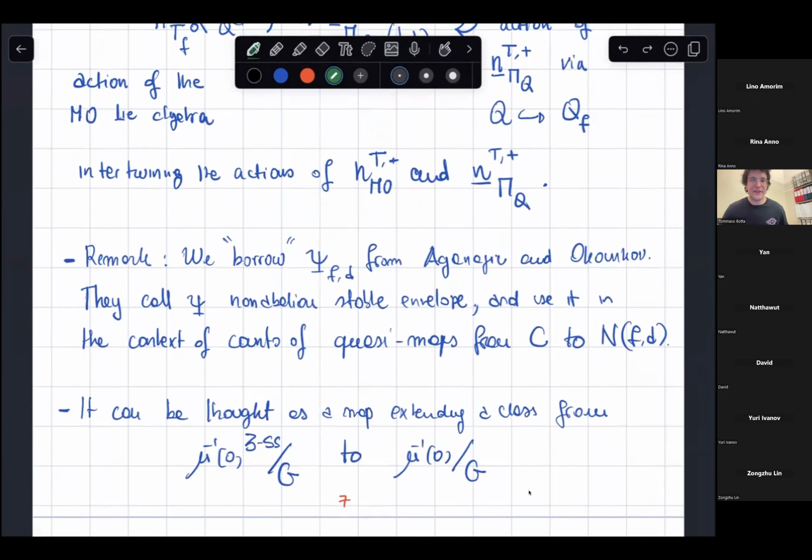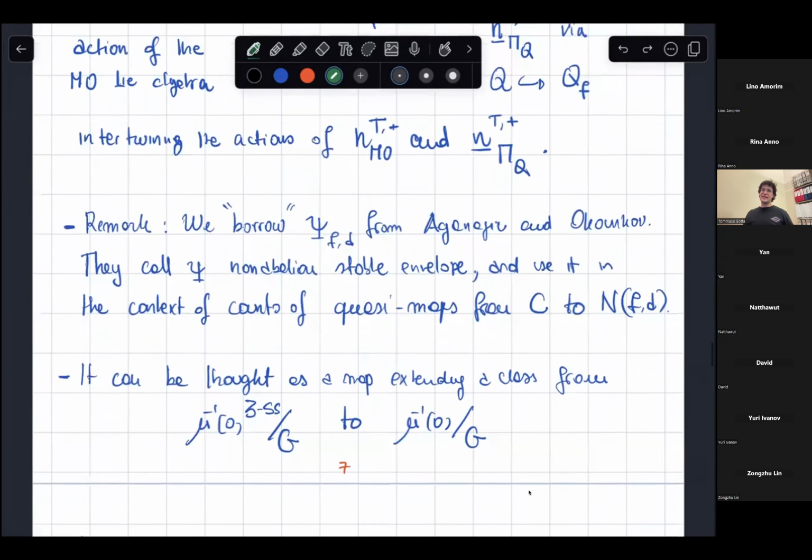Okay, thanks. First of all, one reason why this map is called non-abelian stable envelope is that the stable envelope is a map solving an extension problem.